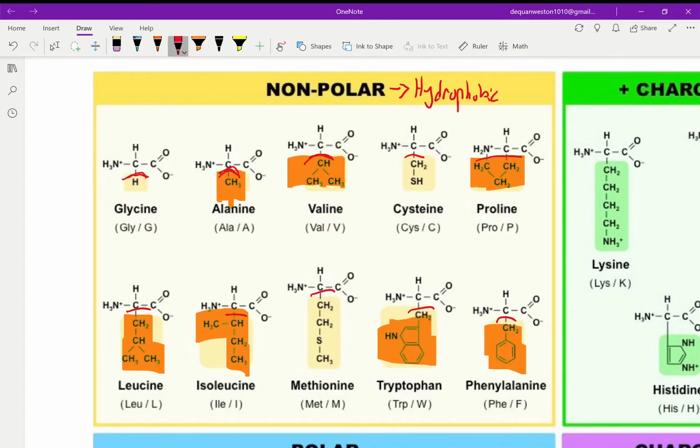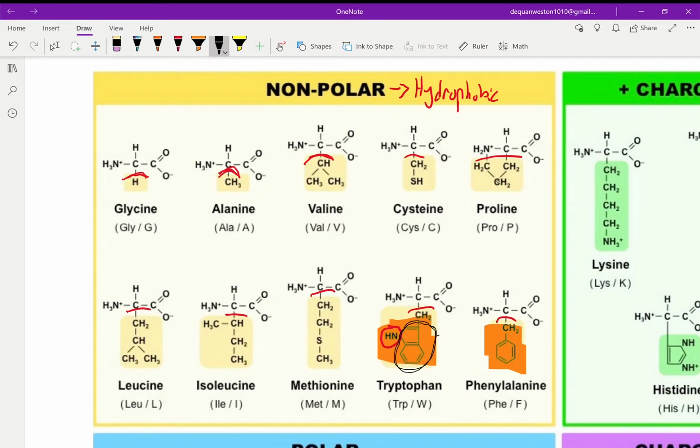Now, it gets a little tricky here because you see this NH bond. Now, that is polar. That's a moment of polarity. But this aromatic group is huge.